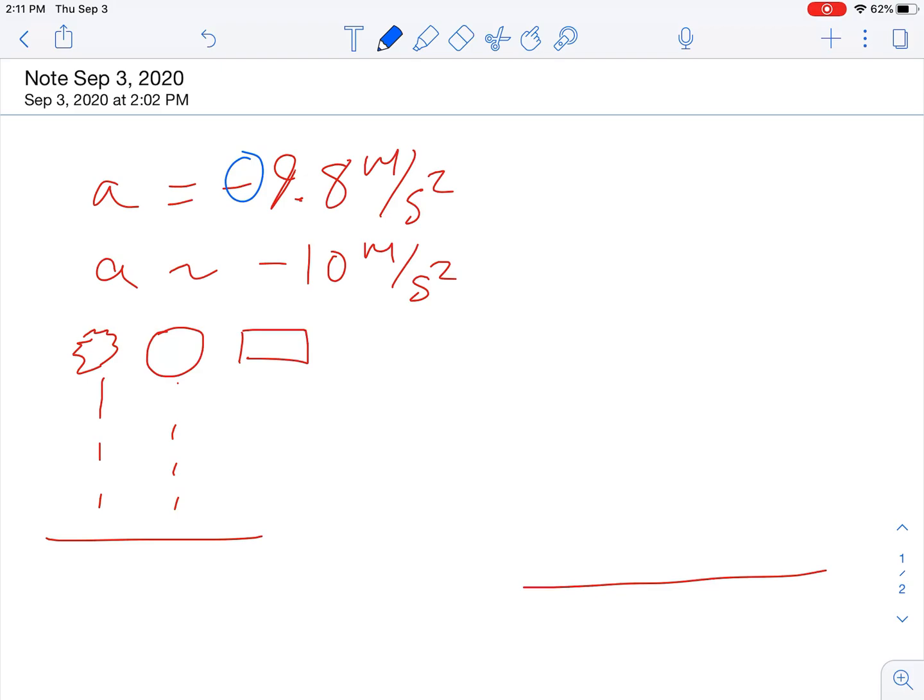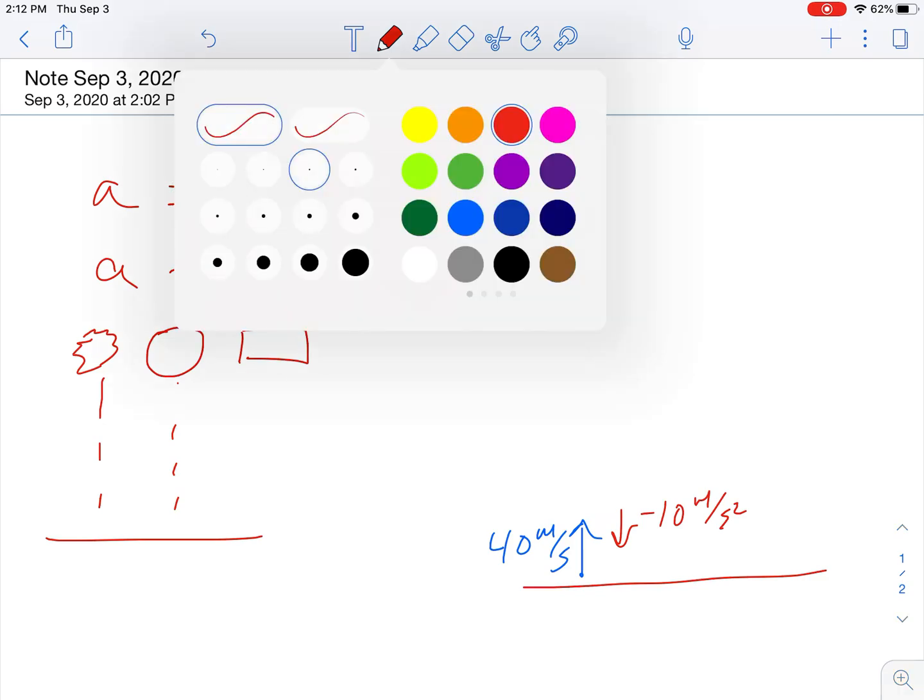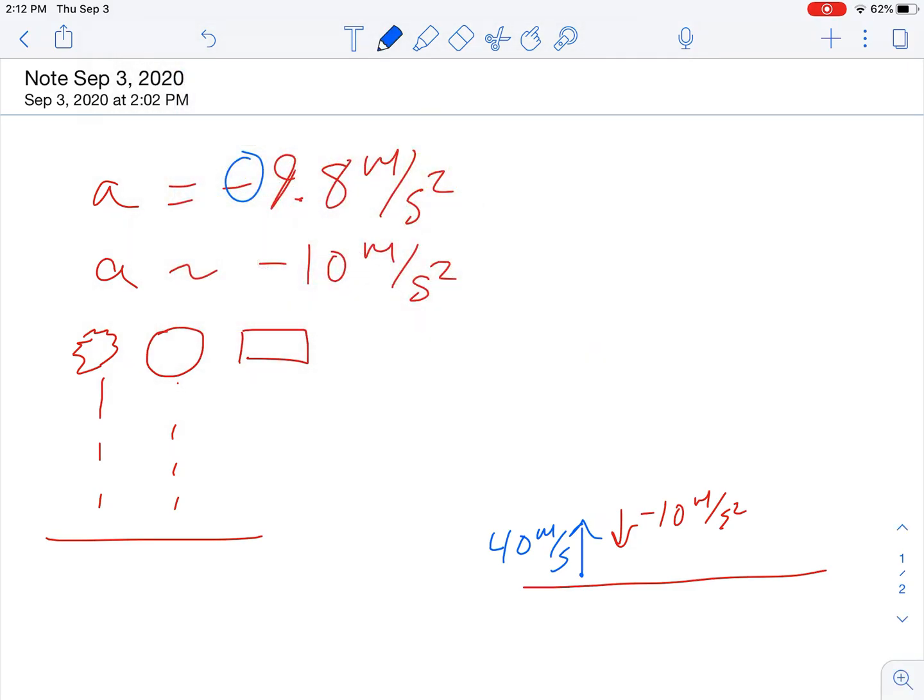So for example, if we were to throw a ball straight up with a velocity of, let's say, 40 meters per second, because of the acceleration of gravity, negative 10 meters per second squared, 1 second later, that ball is going to be moving slower. In fact, 1 second later, the ball is only going to be going 30 meters per second.